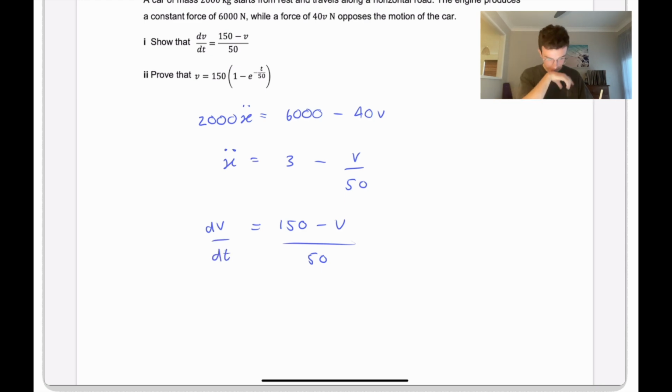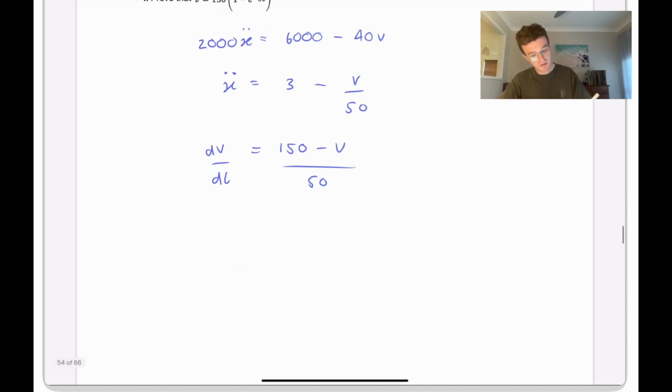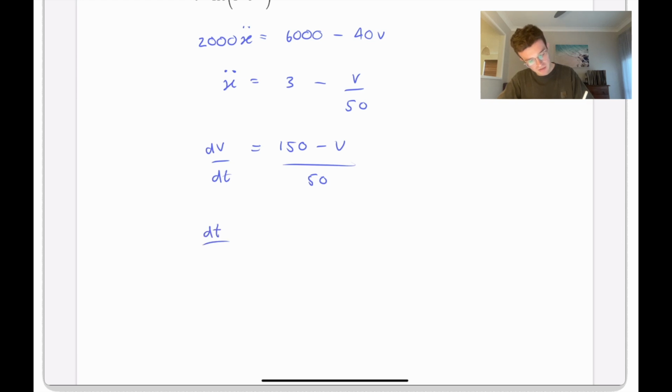Okay, done. Now we want to prove that velocity is something involving time. We can't integrate this at the moment because there's velocity here and t down here. So we're going to have to flip it upside down. So dt/dv is equal to 1 on 50 on 150 minus v.